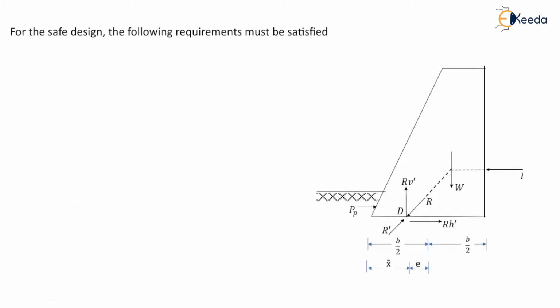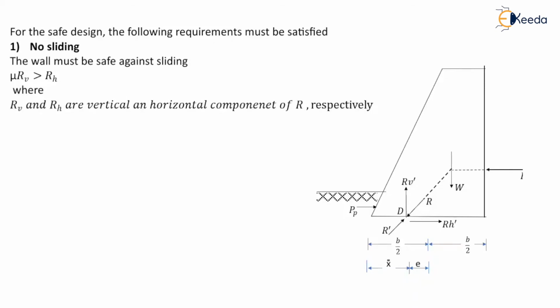For the safe design, the following requirements must be satisfied. The first requirement is that the retaining wall should not slide, that is, the no sliding condition. The wall must be safe against sliding. That's why mu RV should be greater than RH, where RV and RH are the vertical and horizontal components of R respectively.